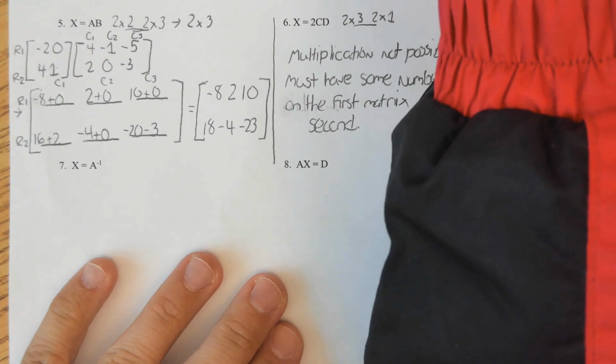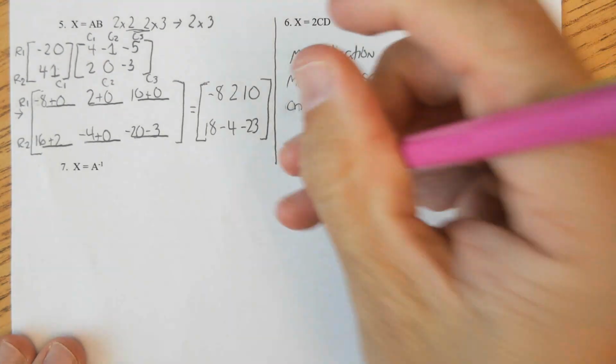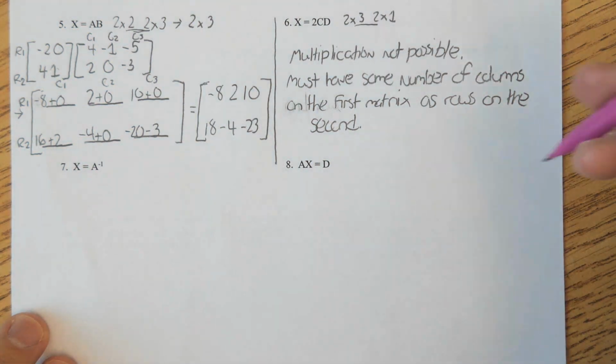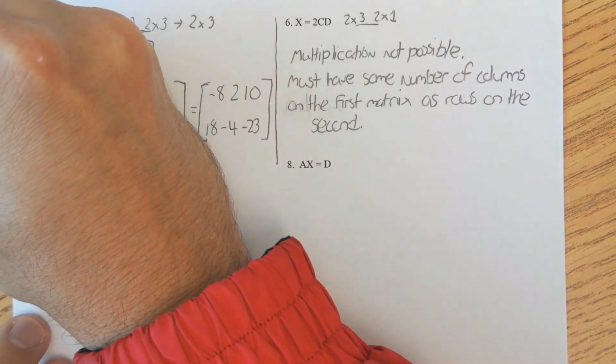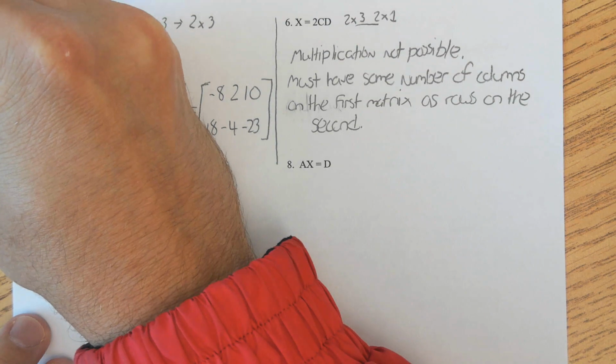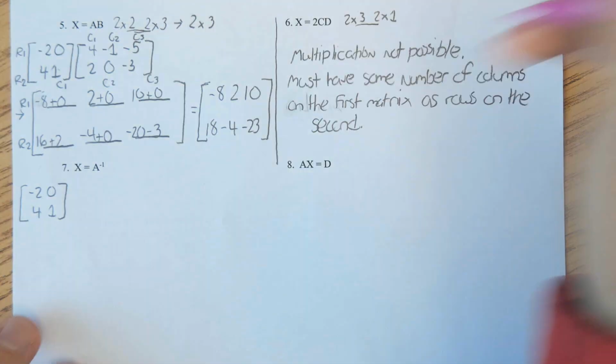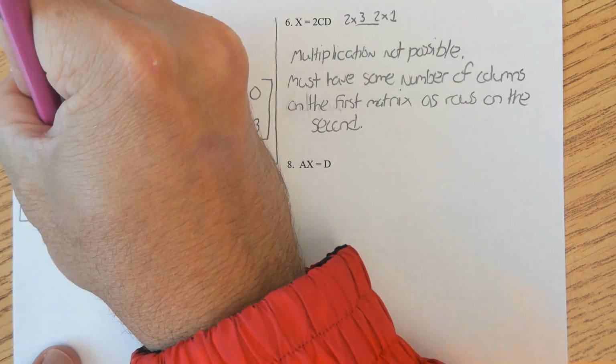All right, so now inverse of A, okay? So recall, first thing we must do is we must find the determinant. So again, I'm going to write A out. Matrix A looks like this. It's a 2 by 2. Negative 2, 0, 4, and 1. Okay, so the first thing we have to do is find the determinant.